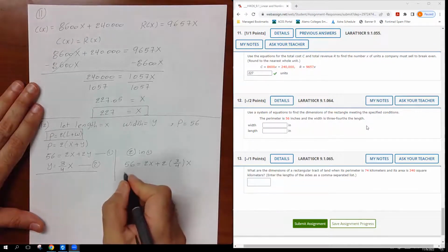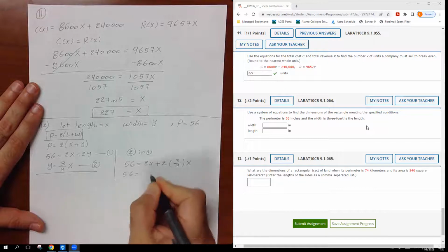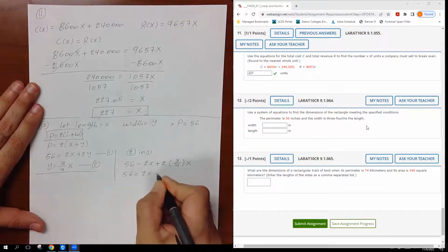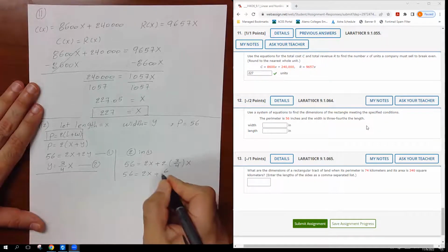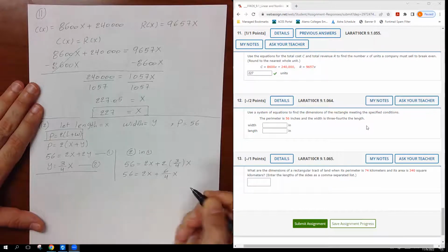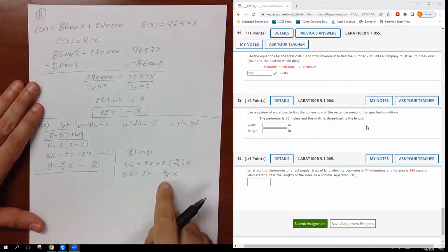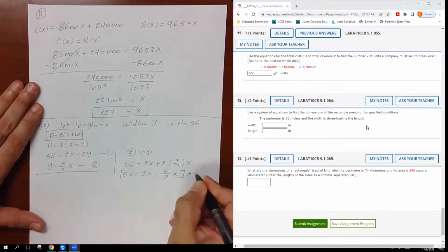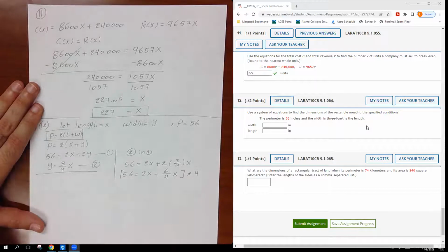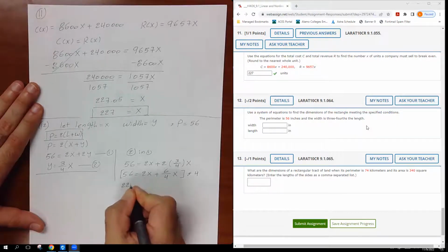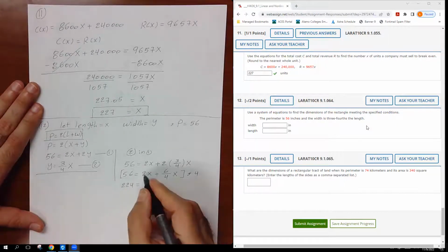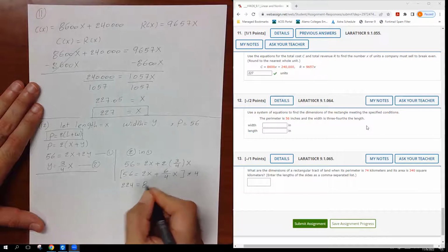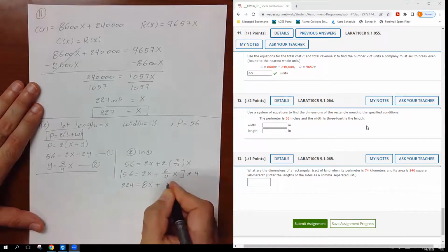That means 56 equal 2x plus 2 times 3 is going to be 6/4x. Now we need to cancel the 4, so I'm going to multiply everything by 4. That means 56 times 4 equal 4 times 2 is going to be 8x plus 6x.